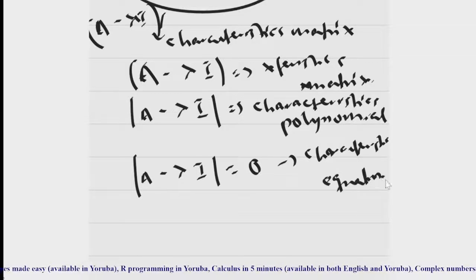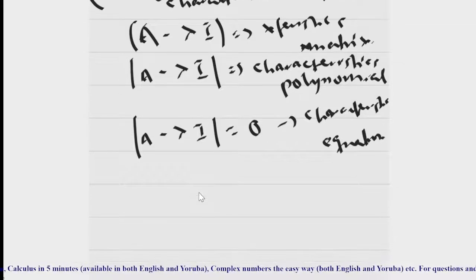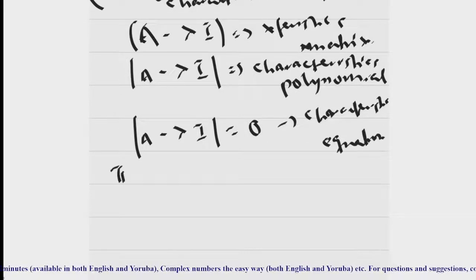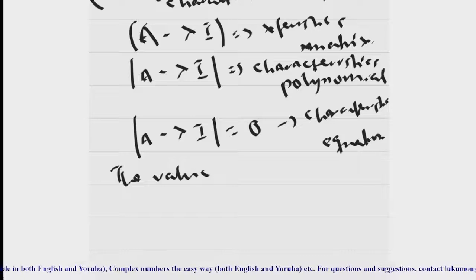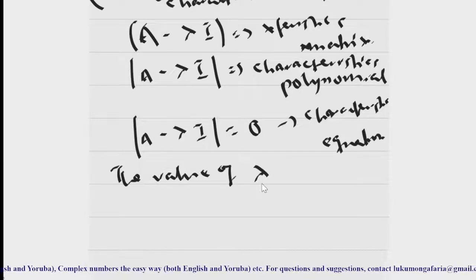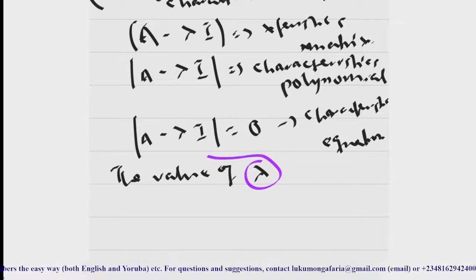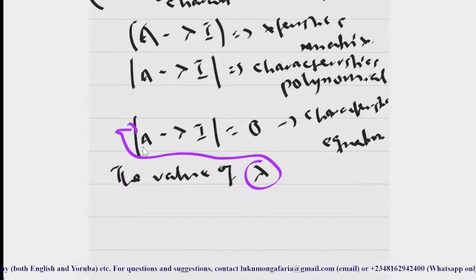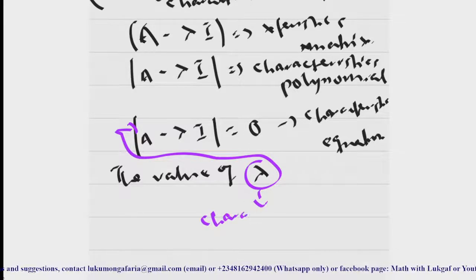It has graduated from characteristic polynomial up to a characteristic equation. The value of lambda that satisfies this characteristic equation is known as the characteristic root.